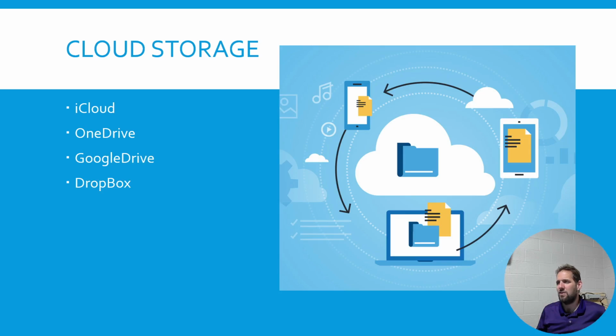It's what's called 3-2-1. You want 3 copies of your data at 2 different locations, and I forget what the one is. 1 copy offsite. That's what it is. So 3 copies, 2 different medias.